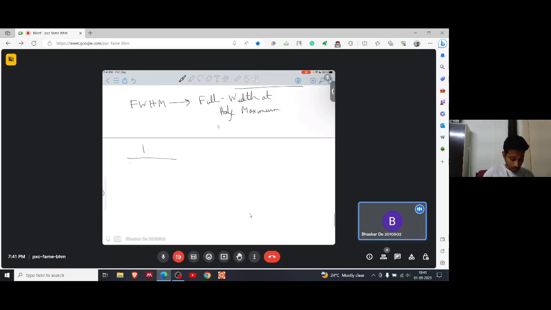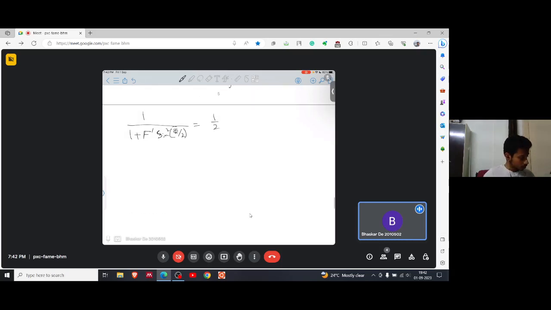So 1 by 1 plus f dash sine square phi by 2 equal to half.